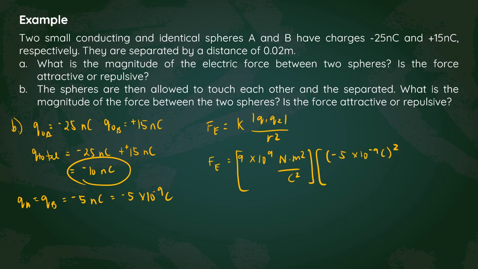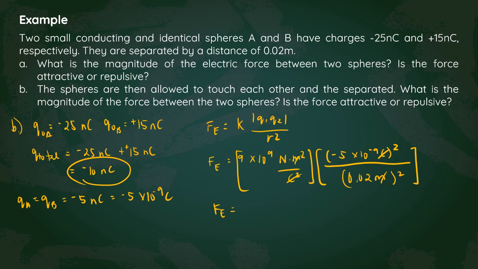We square it because, again, Q1 and Q2 are the same, over 0.02 meters squared. The units will cancel, so we're left with newtons.